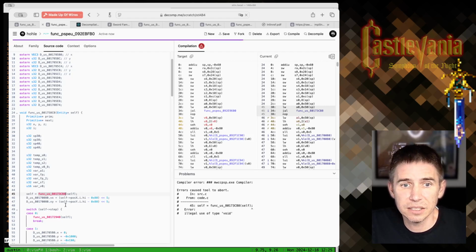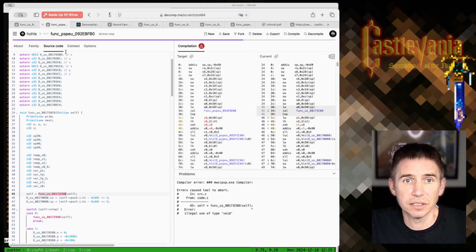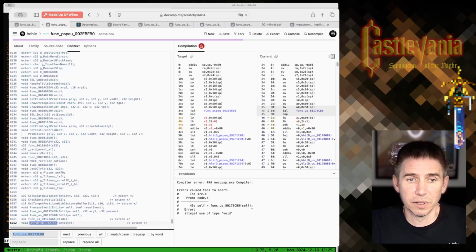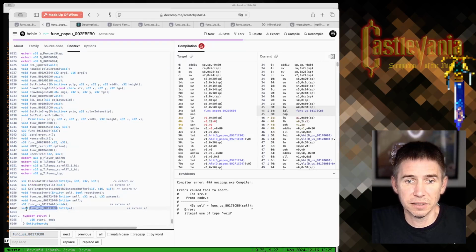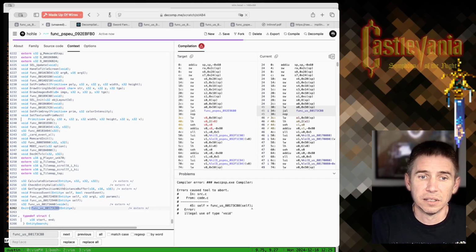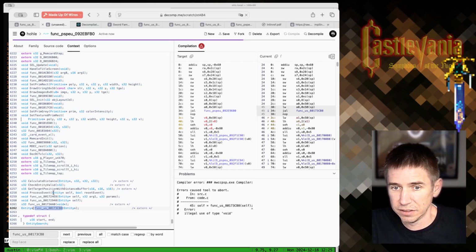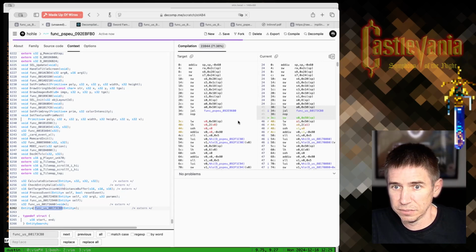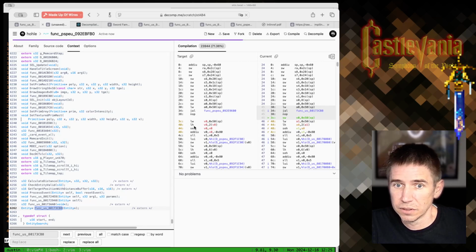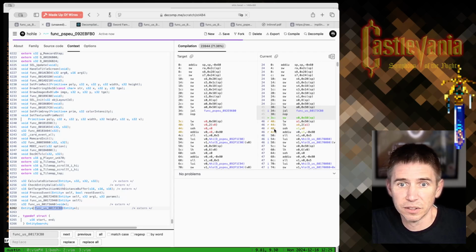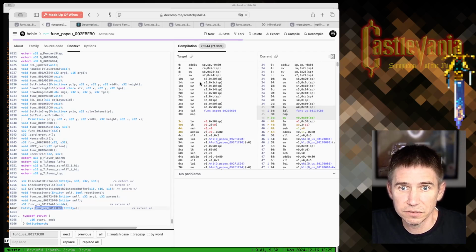So this CB8 function, which I don't think has been decompiled yet, appears to be returning an entity. And self might not be the right one. So this is being stored in V0, and then V0 is being used for a bunch of other stuff.